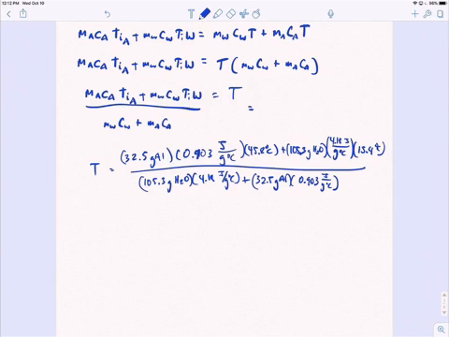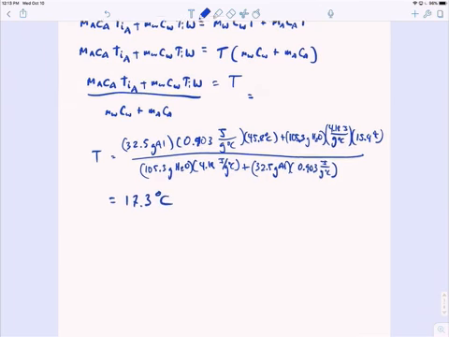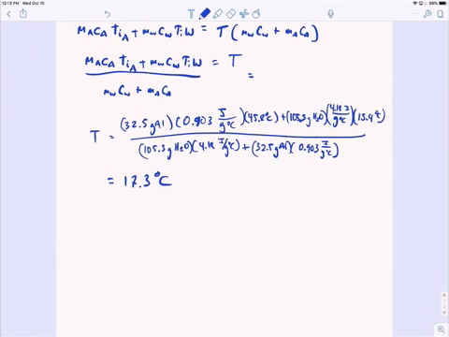And I'm getting 17.3 equals 17.3 degrees Celsius. Okay. So let me take a picture.